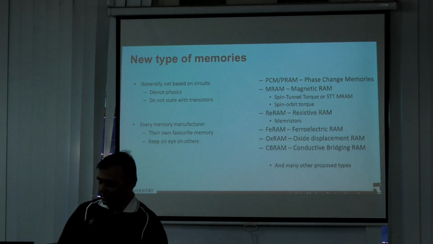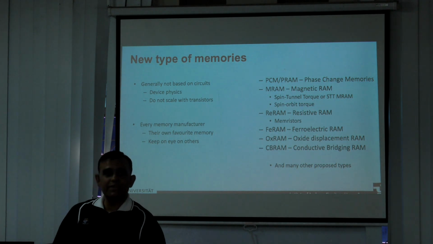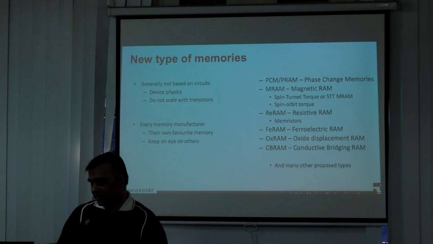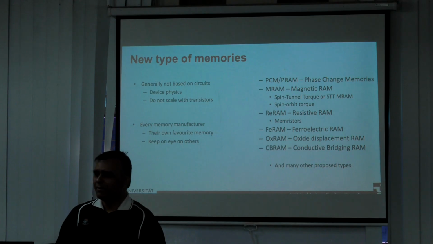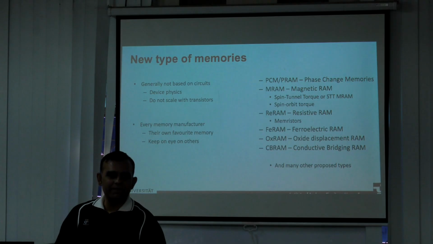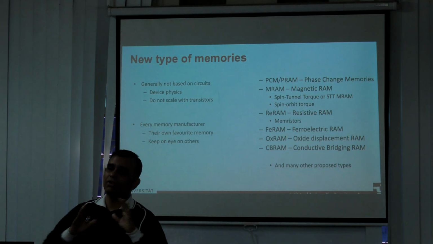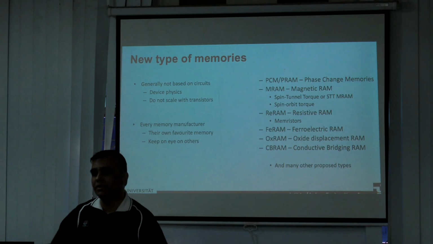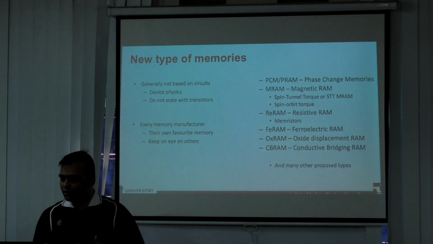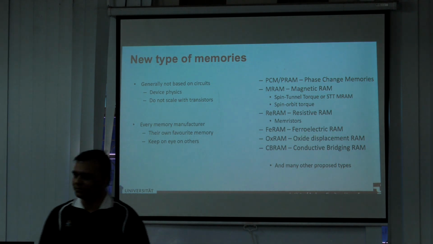You have ferroelectric memories which are kind of magnetic based. You have oxide replacement memories, and conductive bridge RAM, which is many times similar to ReRAM, but because of industrial pull and push, they are all being called different names. So every foundry has a favorite, or two or three favorites, hoping one of these will succeed in the market. Right now we are at a stage where we don't know which one of these will succeed.